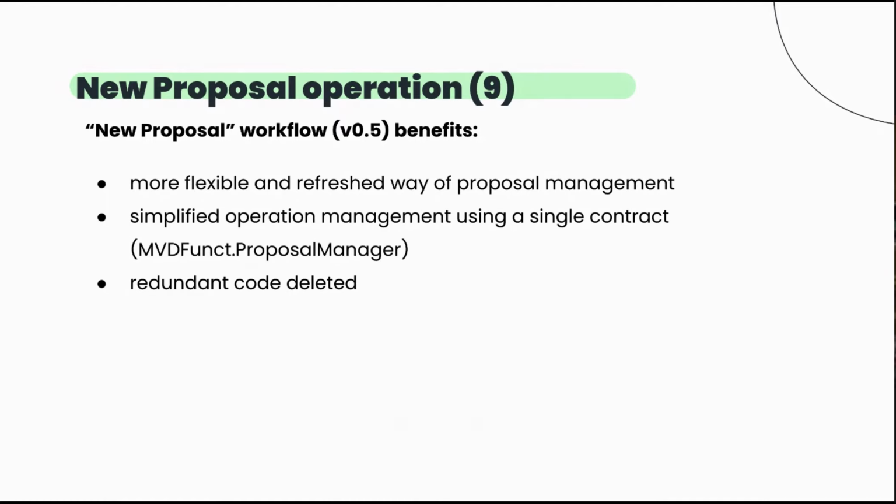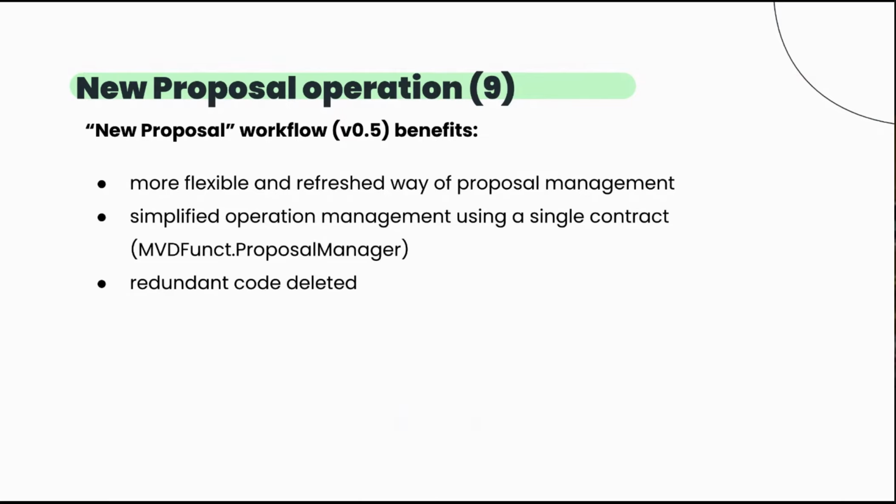Other benefits in the 0.5 are that we now have a more flexible and refreshed way of managing proposals, because we can use some new features, for example the proposal struct, which is managed thanks to the Solidity 0.8 version.